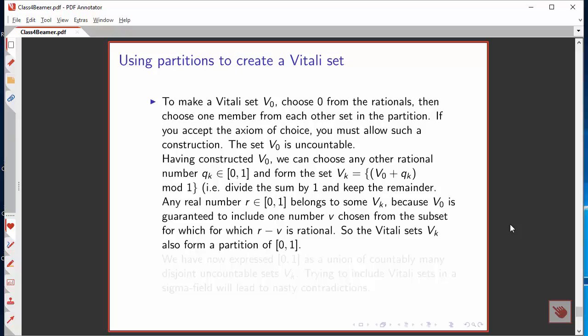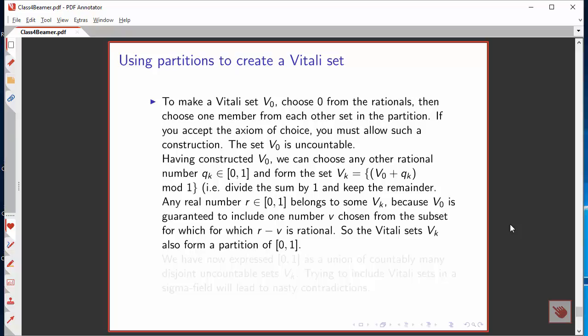Now I can choose some other rational number, something different from 0 in 0 through 1, and play exactly the same game. What I do is I add this to every element in V0, and if the result is larger than 1, I subtract 1 so that I always end up with a number between 0 and 1.